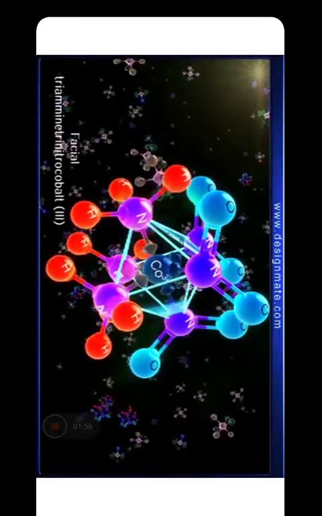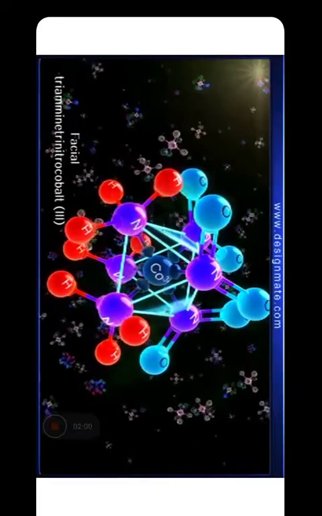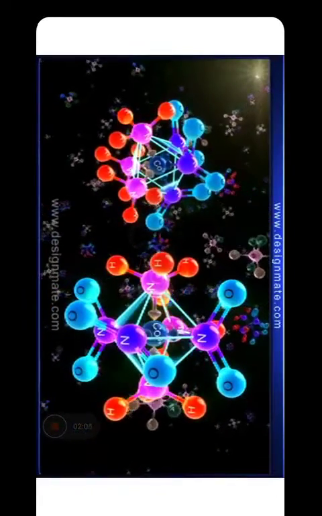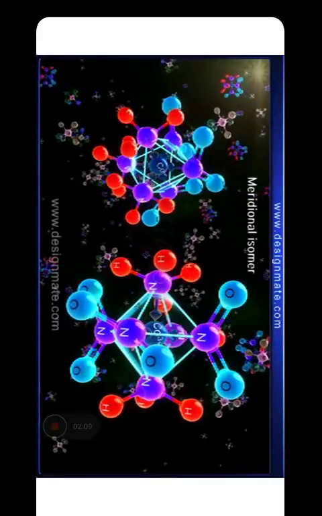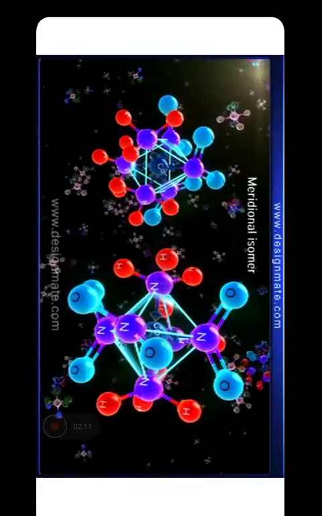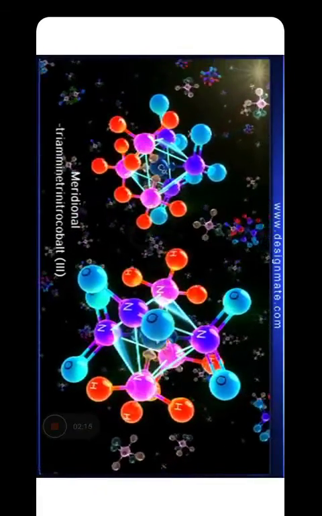This complex is called facial triamminetrinitrocobalt 3. If in the same complex, three ligands are not in one face of the octahedron, meridional isomer results. This complex is called meridional triamminetrinitrocobalt 3.